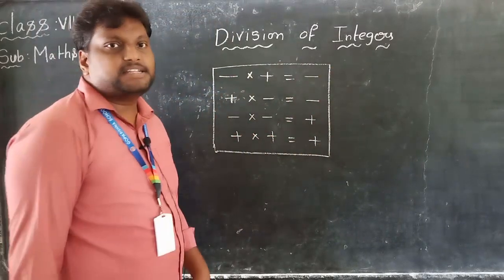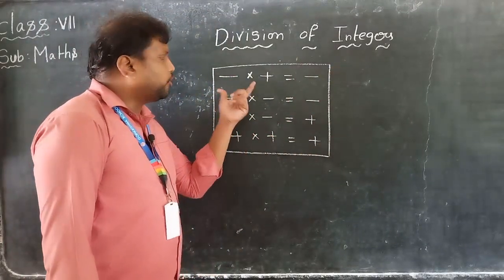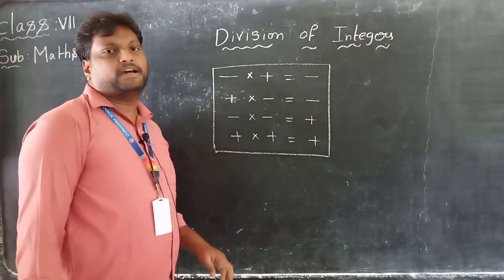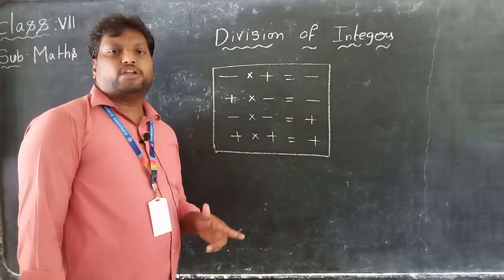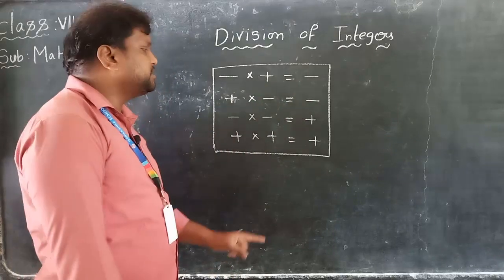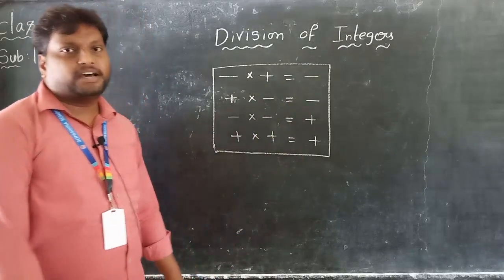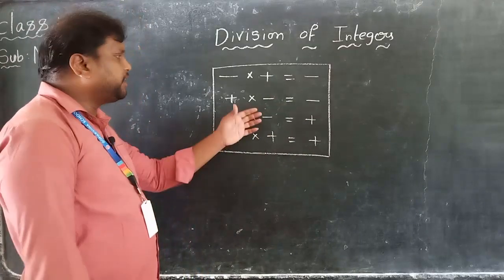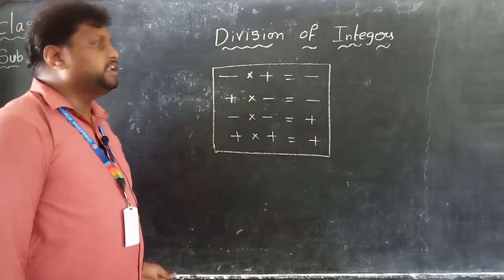Already we discussed and we know the product of one negative number and one positive number is always a negative number. The product of two negative numbers or two positive numbers is always a positive number. Already we know that. The same procedure we will follow in division also.